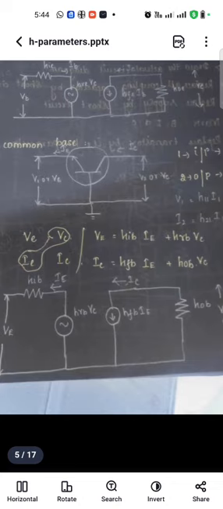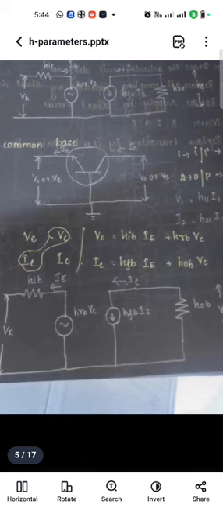Okay, same procedure. Now from the basic current voltage equation we replace all the 1 by emitter and all the 2 by collector. Okay, so we will easily form the voltage current equation. Here what are the independent variables? VE and IC. Okay, V1 as VE and I2 as IC.